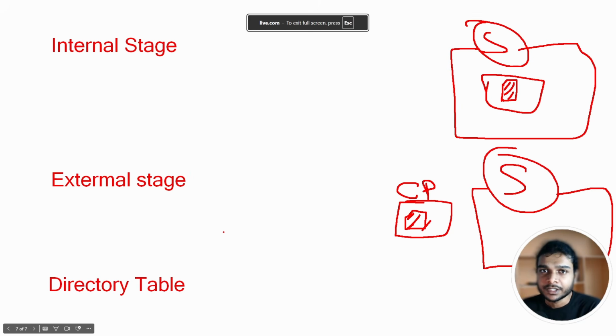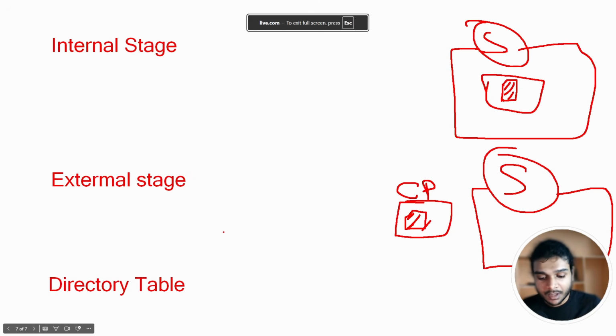When we create an internal stage, and if we upload multiple files into that internal stage, it is easy for us to have a look at the list of files stored in that internal stage. But it is hard to look at the files stored in the external stage. That is where the directory table comes into the picture. We use directory table to have a look at the list of files that is stored in the external stage.